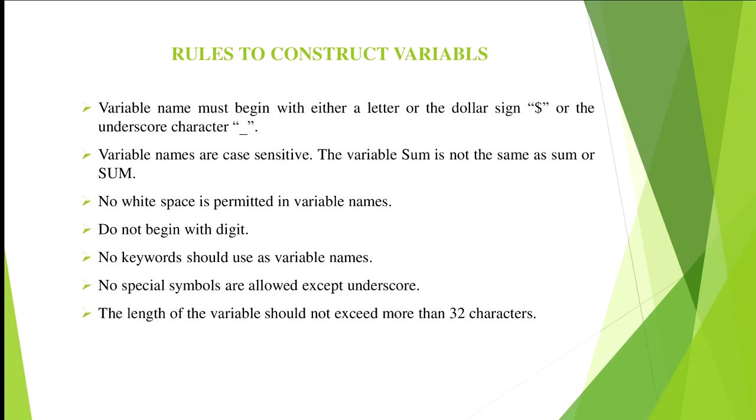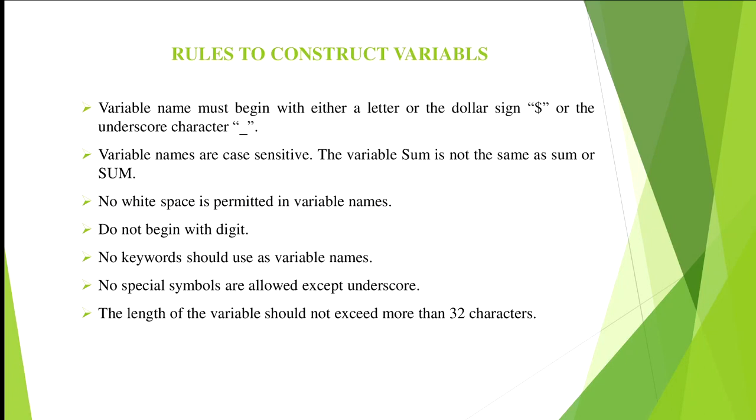You cannot use keywords or reserved words as variable names. Means you cannot use do, for, while, int, float, if, else as variable names because all these are keywords, reserved words and their meanings are already reserved and therefore you cannot directly use these as variable names.